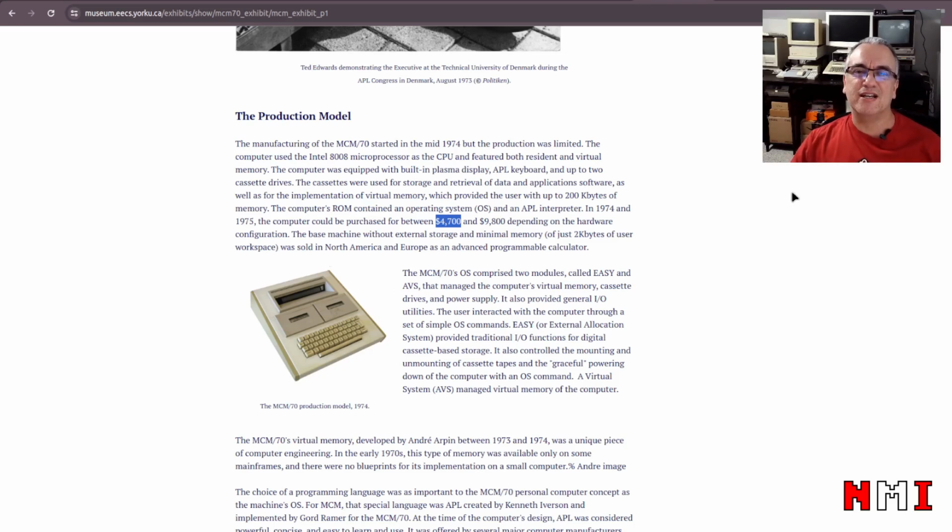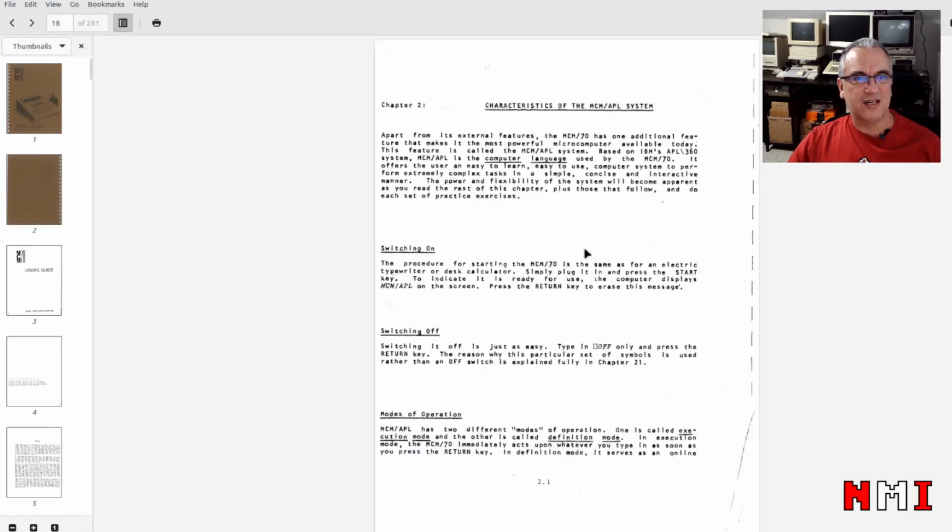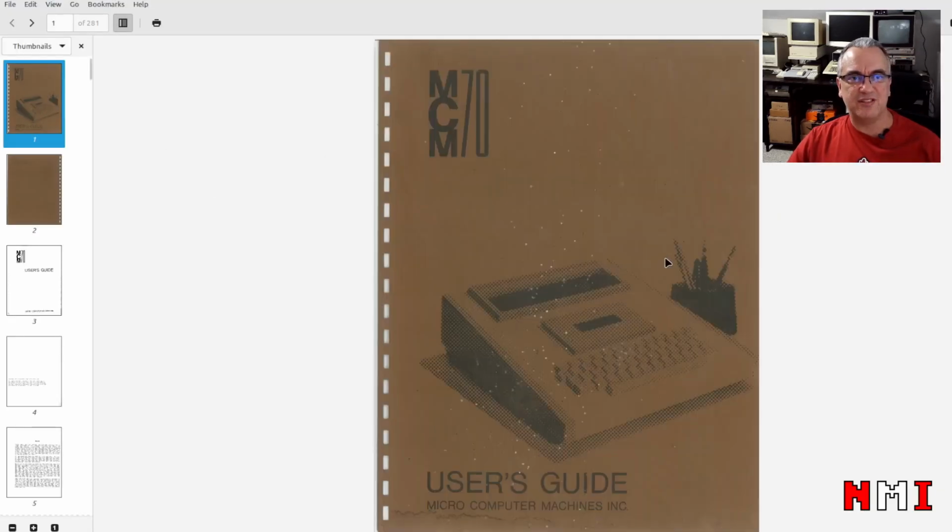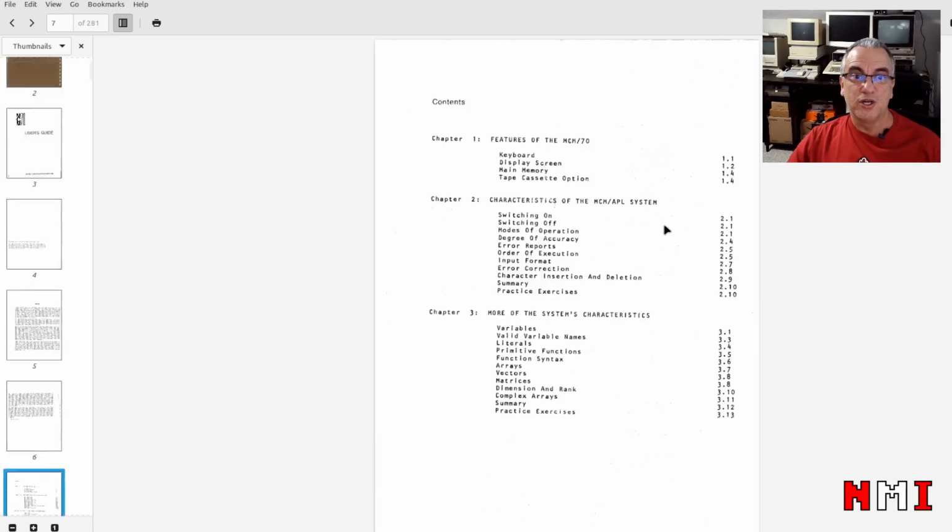In order for you to get access to the emulator source code, you have to contact the York University Museum, and there is a contact on their website. That is if you want to compile the code and run it locally. Also, on their website, you can have access to the MCM 70 user's manual, which is pretty cool.